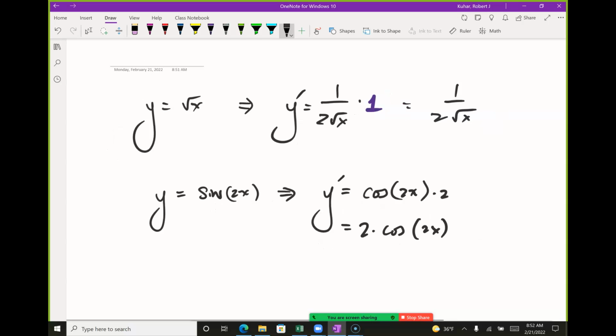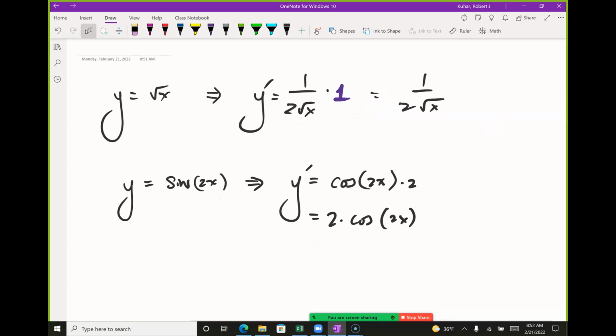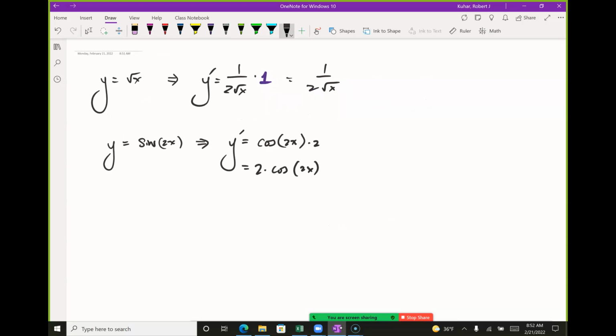Now that's by the chain rule with the inside-outside function. Let me show the loop real quick. What's my outside function? Sine. What's the derivative? Cos. The inside function is 2x. What's the derivative? 2.